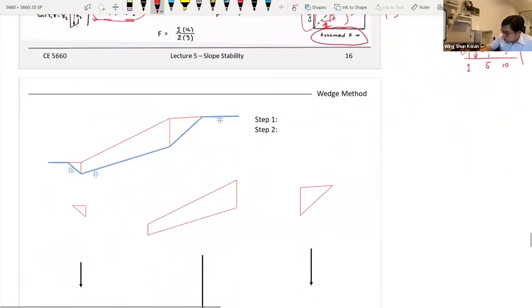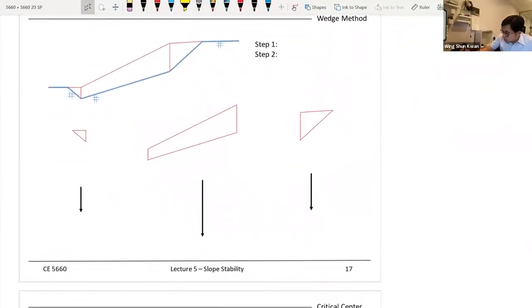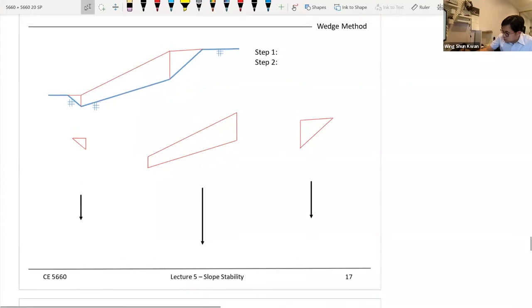In case you have a slope like this, you can identify that it is no longer a circular slip. It could be the case that you have bedrock material there.